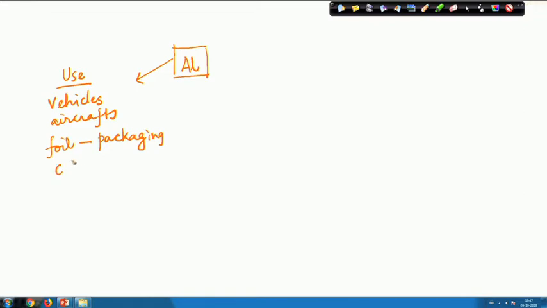Then we know the aluminum utensils, that means the cookwares, we can have, and construction material, because aluminum sheets, aluminum rods and all these are very useful for constructing buildings and for roof material. So, this can be our very good construction material.